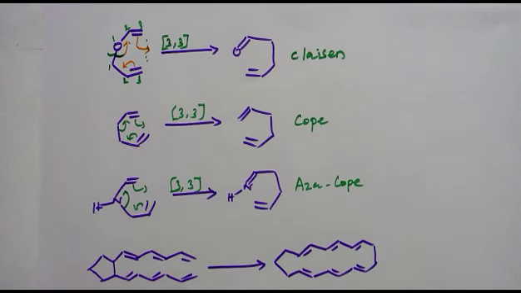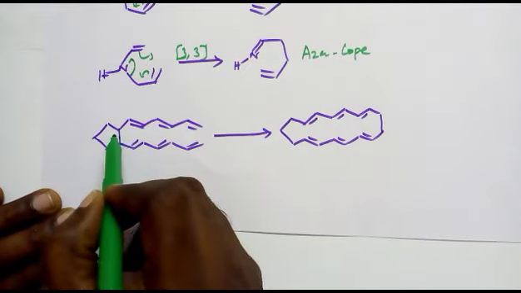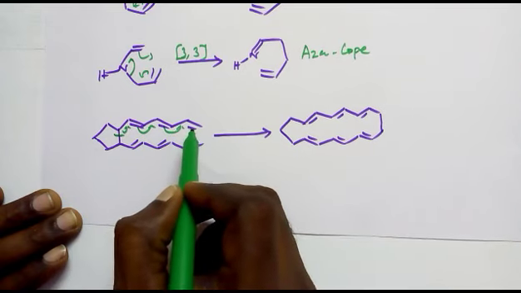At present, we don't need more. If we study these reactions at this level, this is enough for TRB. Maybe for CSIR, we have to see a little more in depth. Okay. At present, this is enough for TRB. And let's see this one. A bond breaks here. Okay. 1, 2, 3.